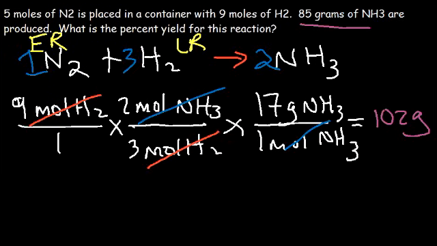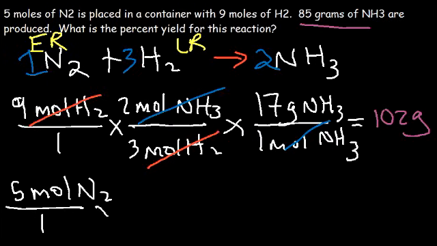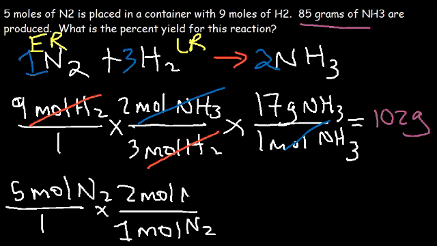Now, what about 5 moles of N2? Let's say if all 5 moles of N2 reacts, how many grams of ammonia can theoretically be produced? So the molar ratio between N2 and NH3 is a 1 to 2 ratio. So whenever 1 mole of N2 reacts, 2 moles of NH3 will be produced.